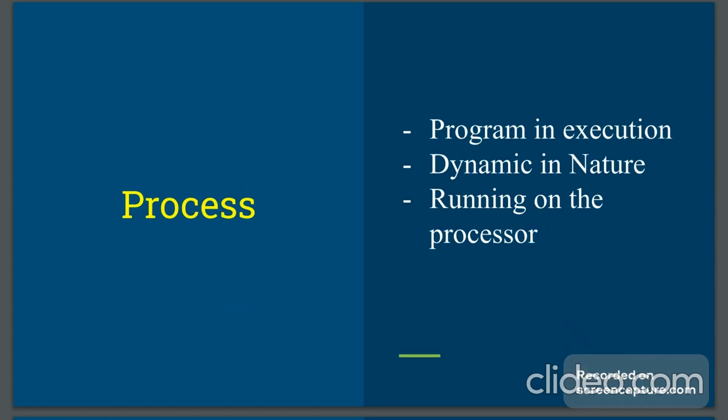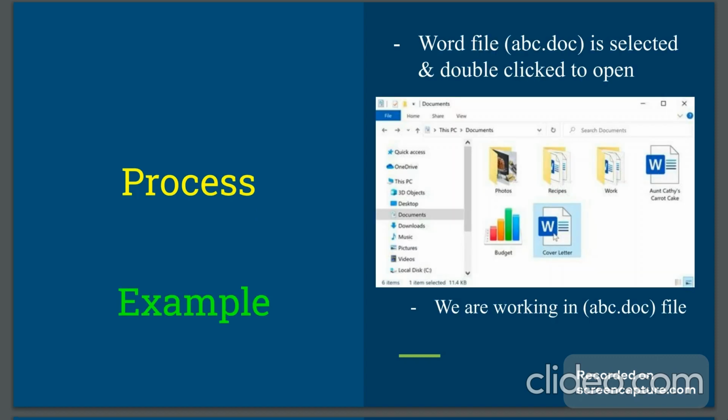The second term is a process. A program which is running or which is in execution is known as a process, which is dynamic in nature. Example, the Word file that we had created, abc.doc, and we want to open that file.